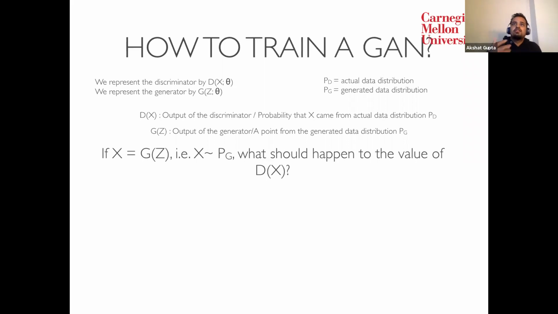Yeah, from the point of view of the discriminator, what should happen? I'm seeing answers in the chat, which are all correct, which basically say that D(x) should be minimized in this scenario.